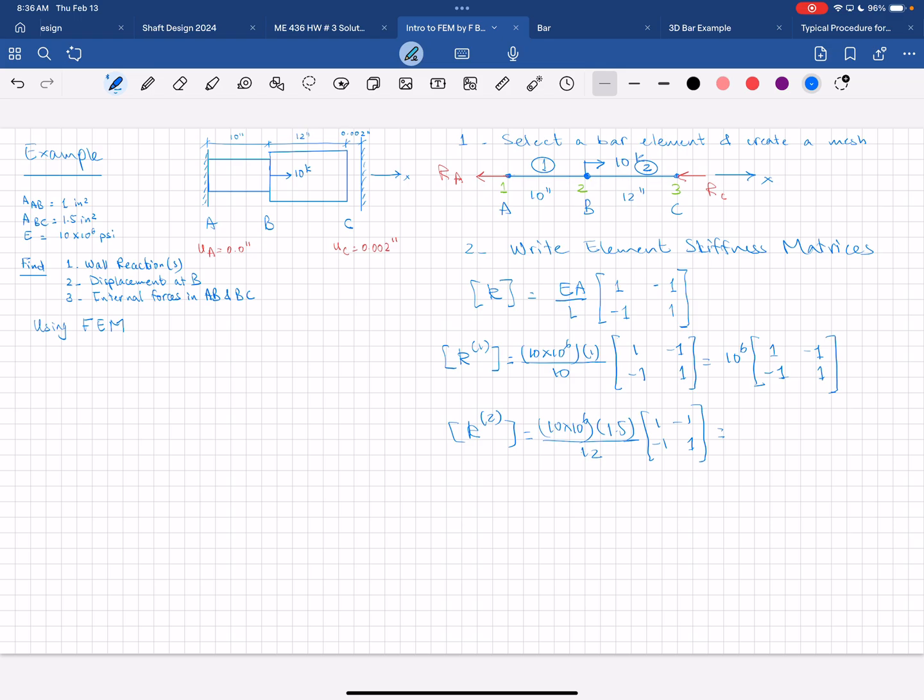And this is equal to 10 to the power 6 multiplied by a 1.25, a minus 1.25, a minus 1.25, and a 1.25.